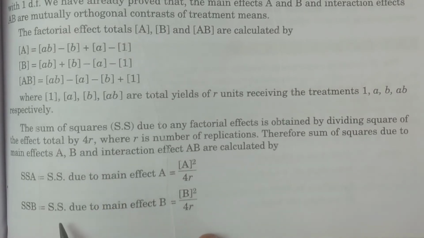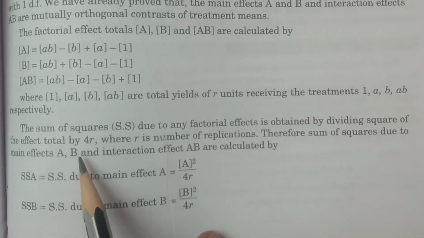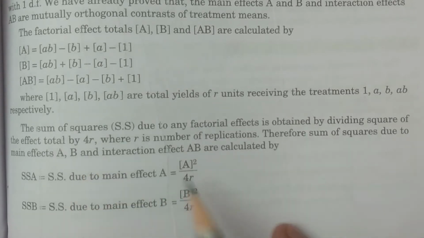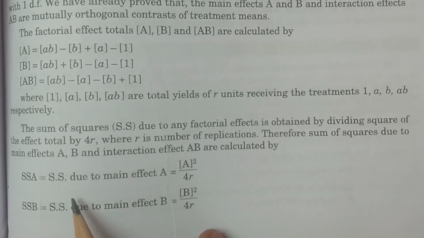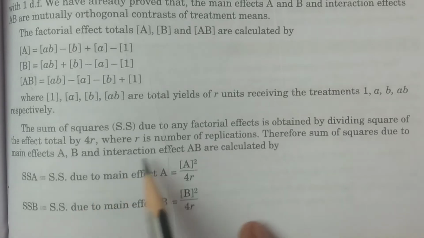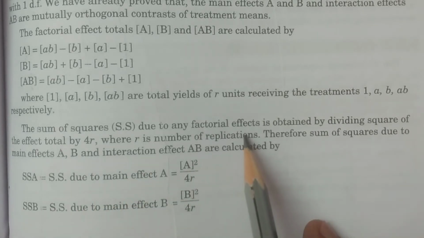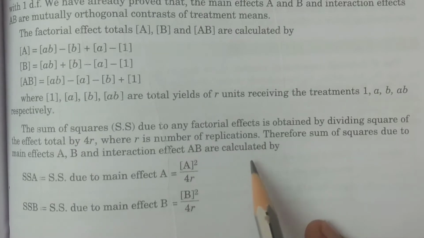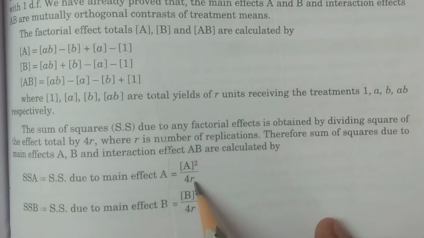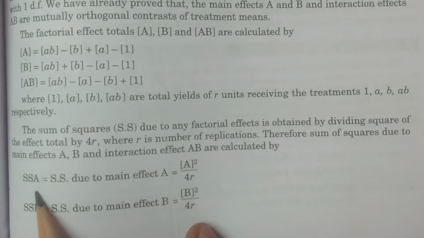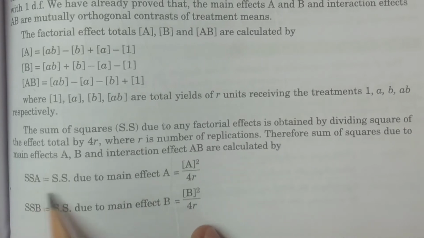We calculate the respective effect total, square it and divide it by 4r, which gives the sum of squares due to that particular effect.